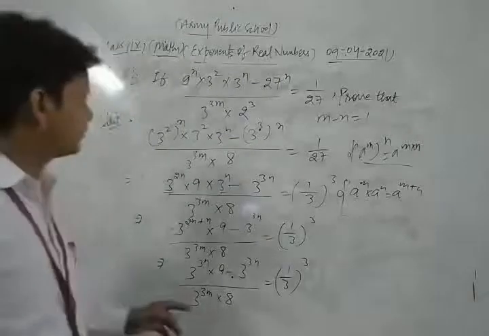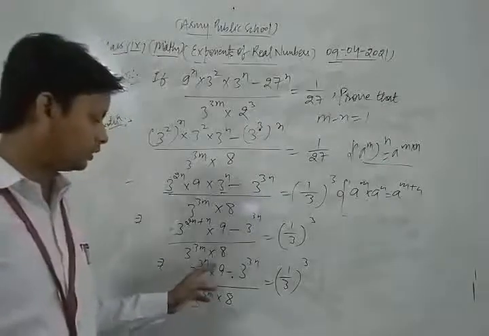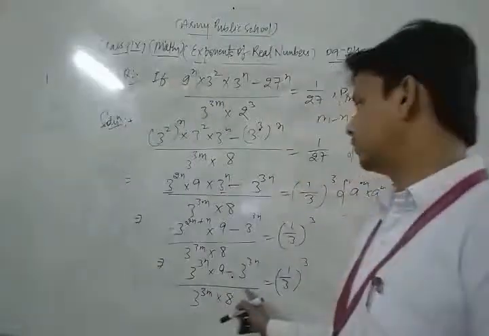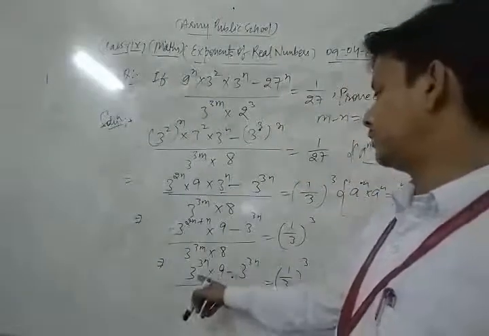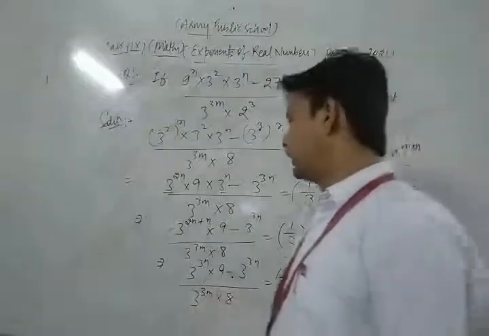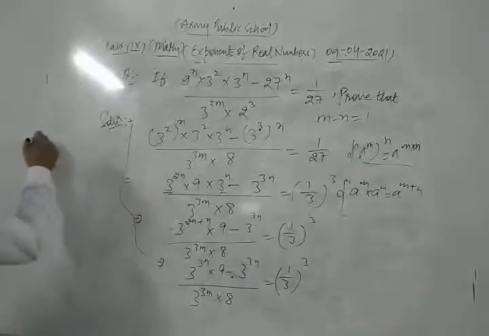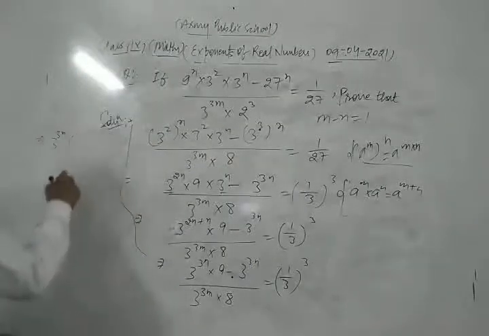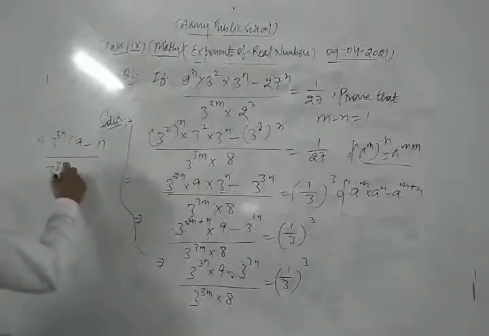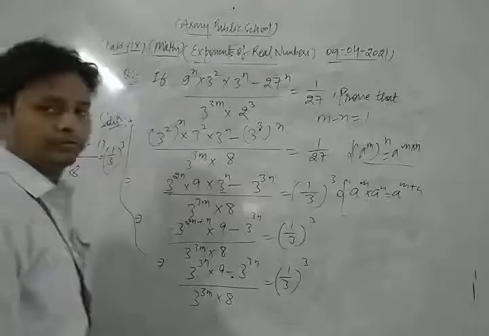Now listen, from the numerator we take 3 to the power 3n as common, because 3 to the power 3n is in each term. Here there are two terms, so we take it as common. So we get 9 minus 1 upon 3 power 3m into 8 is equal to 1 upon 3 to whole power 3.